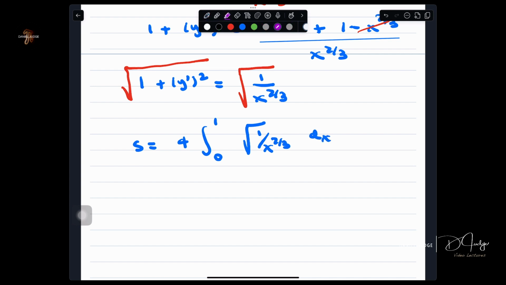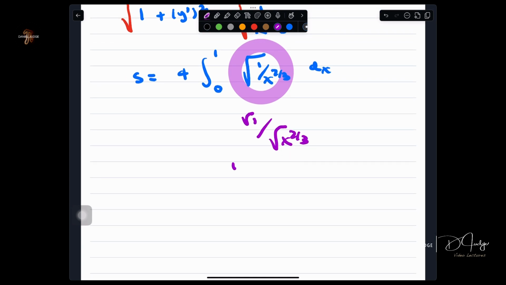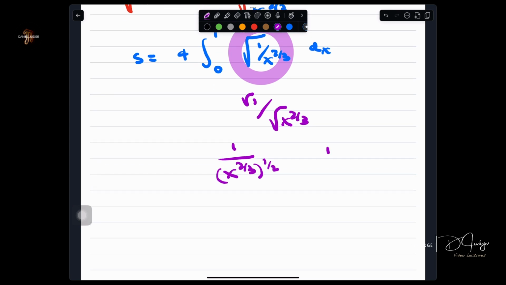So we can do a little bit of algebra here. That algebra is going to give us the square root of 1 over the square root of x to the 2/3, which is 1 over x to the 1/3.